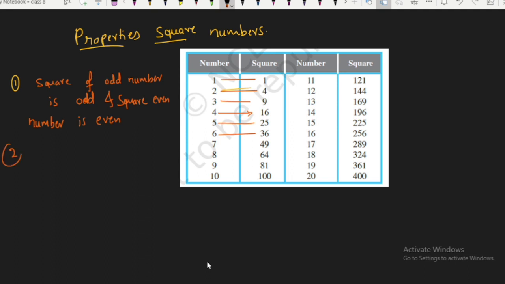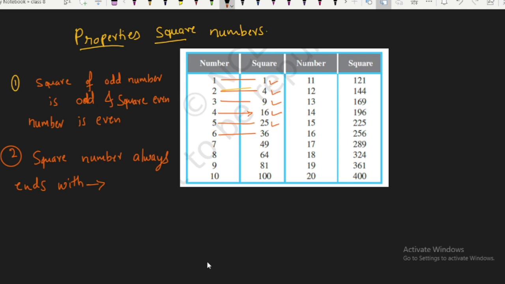The second property you can see here is that the square number always ends with, here it is 1, 4, 9, 6, 5.